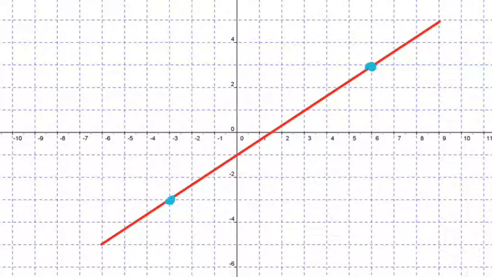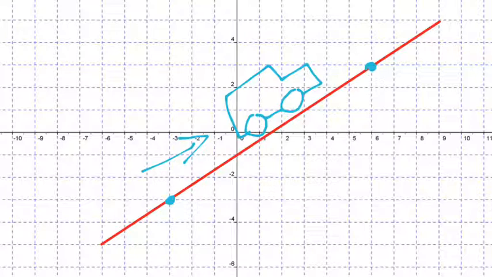Draw a car with its hood always towards the right. And ask yourself, is it going up or down? It's going uphill, right? That signifies a positive slope.